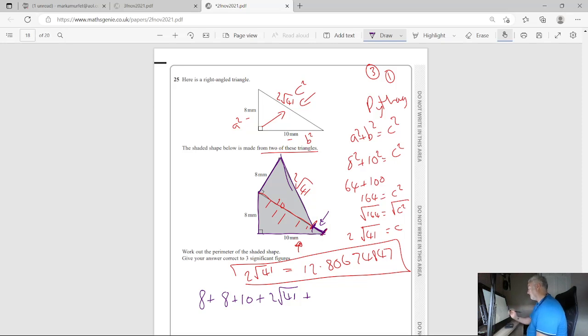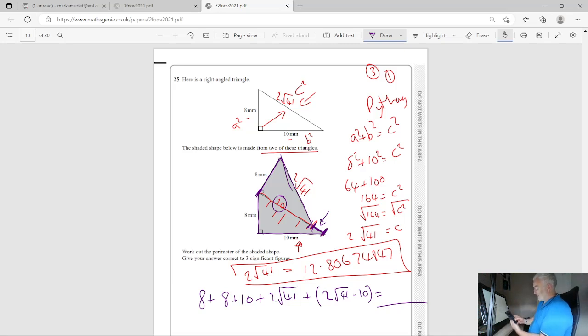Well, I know the base from there to there is 10. And I know the top bit from there to there, the whole length, is 2 surd 41. So 2 surd 41, if I take away the 10 from it, that will give me just that little bit.